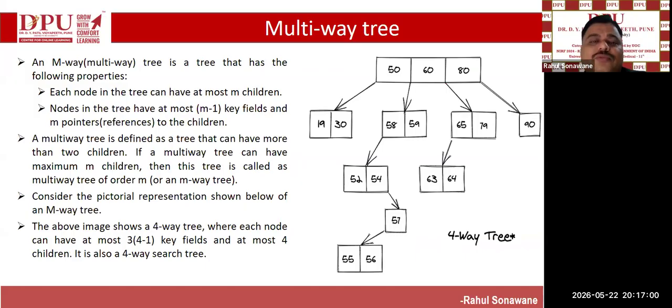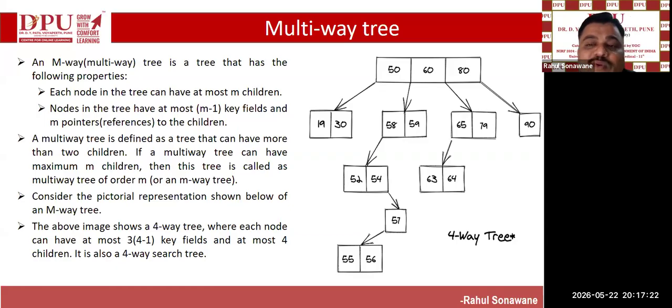But for that organization, obviously we need to follow some rules, or we have to build some rules. So this M-way tree has two properties. A node can have at most m children, and every node will have at most m minus 1 key fields or values within it.